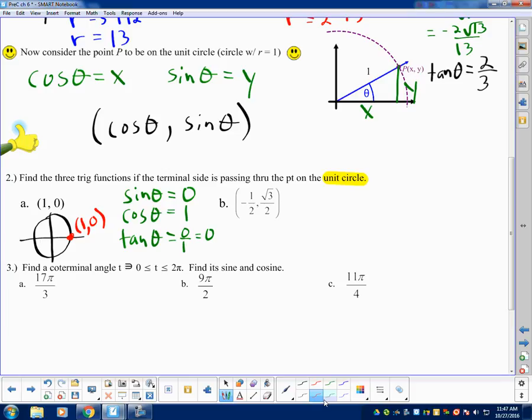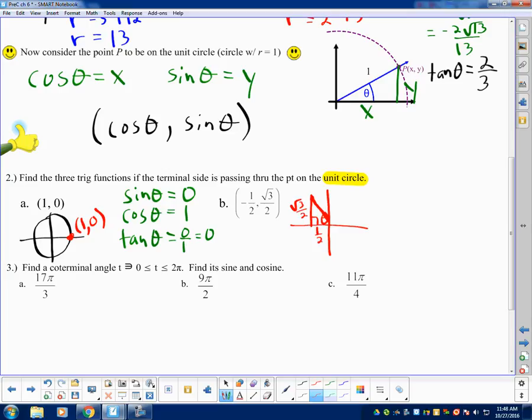Right. And then B, if I have a coordinate at negative 1/2, comma, root 3 over 2. So a little bit to the left, and then up high here. So maybe you can picture which radian measure that goes with. I don't know if you're there yet. But if I draw in my little right triangle here, there's theta, my reference angle theta. I'm 1/2 to the left, and root 3 over 2 up.